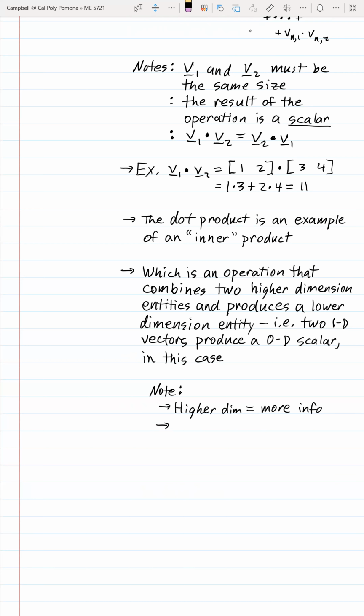And lower dimension entities equal less info. So you might think, why would we want less information? So why would we ever be interested in using an inner product?